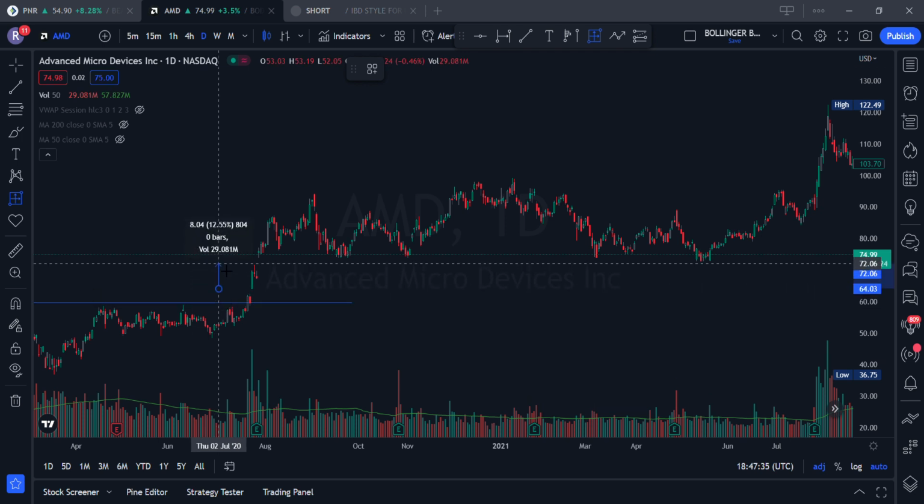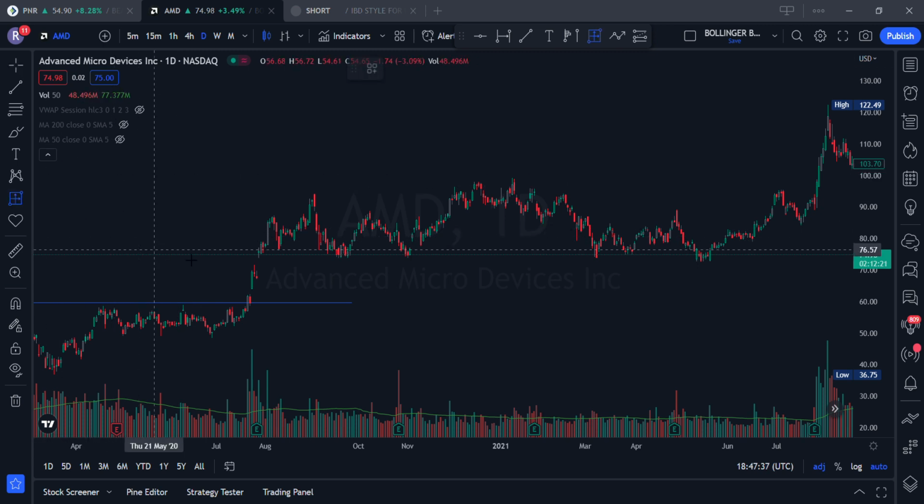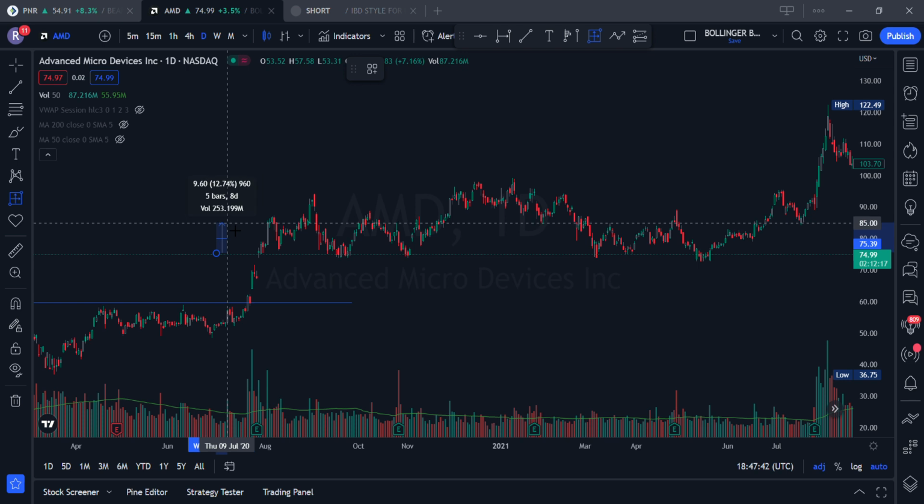So this would be almost a 12% move. When this gap appeared, you can expect the stock to go 12%. You see it goes up 12%, and after that there was this long sideways movement. That's your runaway gap.